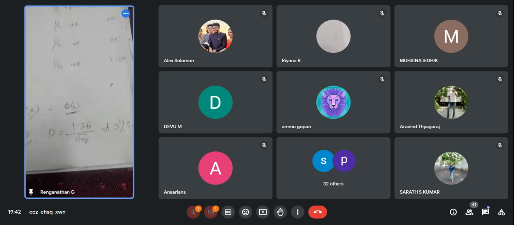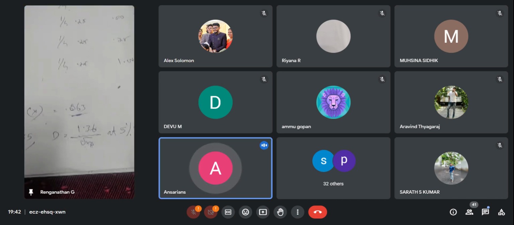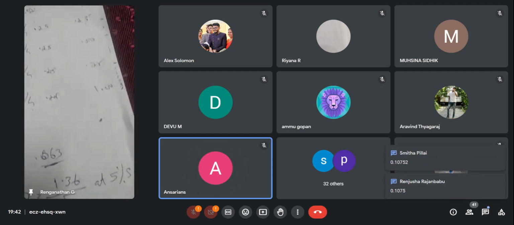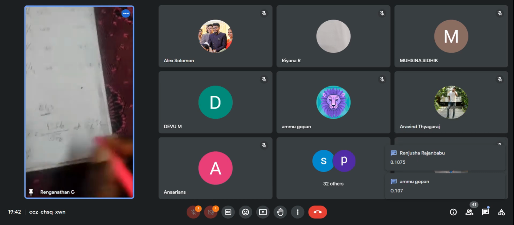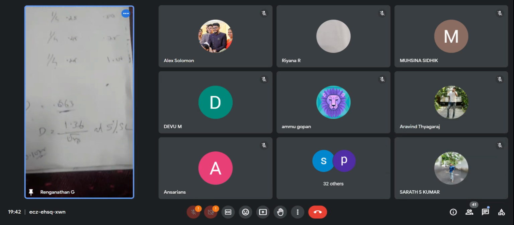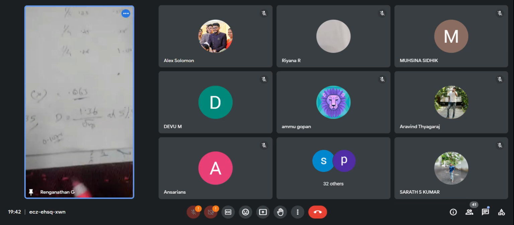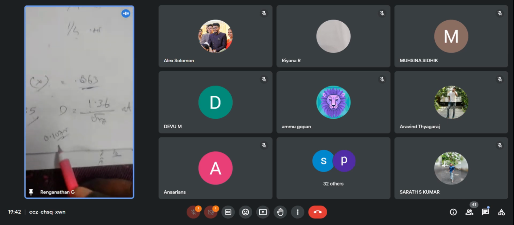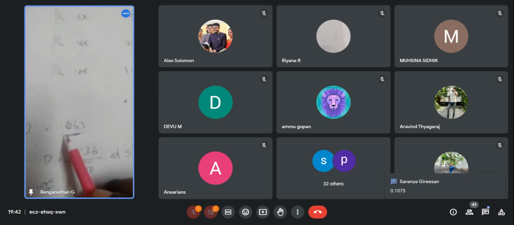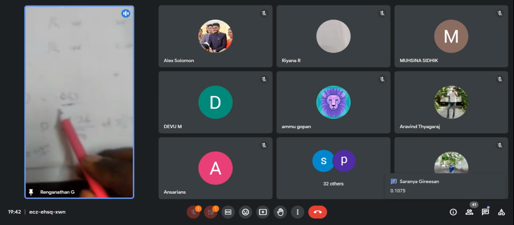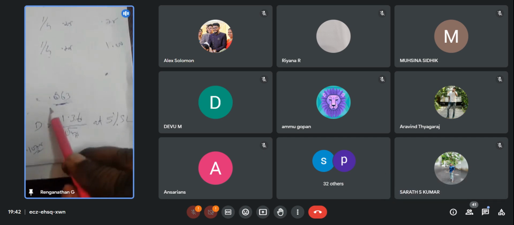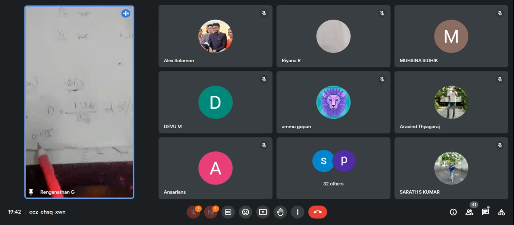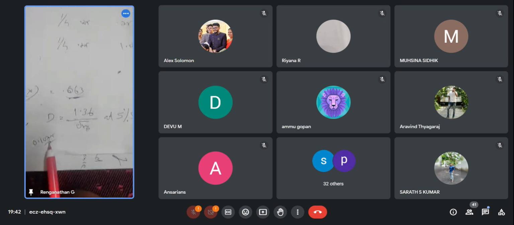Anybody got the amount? 1.36 divided by root n. Is it 0.107? 0.1075. Okay, that is the table value. We already have the calculated value, 0.063. Now we got the table value, which is 0.107.